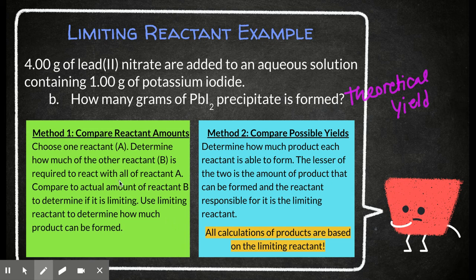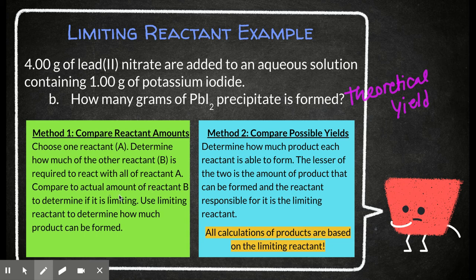So method 1 asks you to compare reactant amounts. So you're given an amount of each of your reactants, and so you're going to choose one of them and determine how much of the other reactant is required to react with all of that first reactant. So you're going to determine how much potassium iodide, KI, is needed to fully react with 4 grams of lead-2 nitrate, or how much lead-2 nitrate is needed to fully react with my 1 gram of potassium iodide.